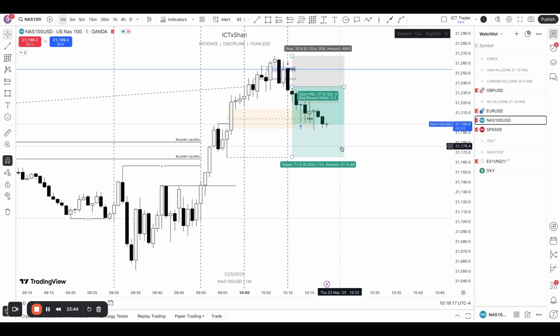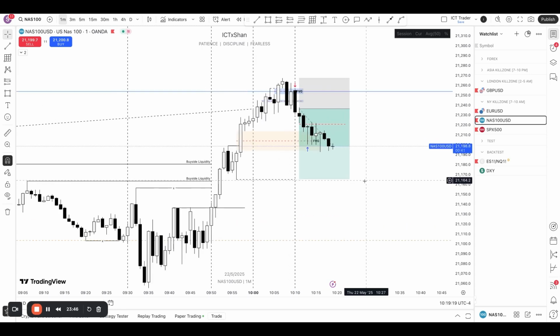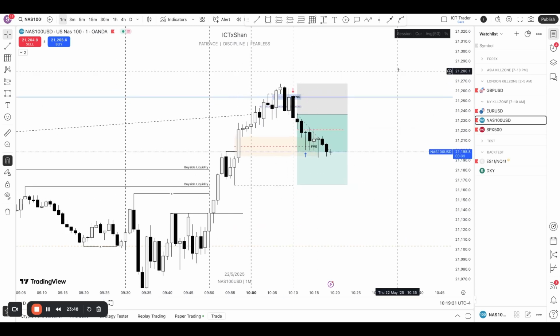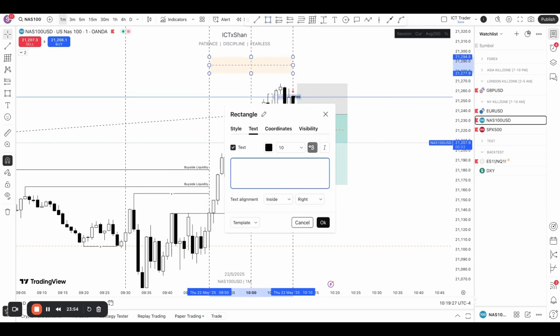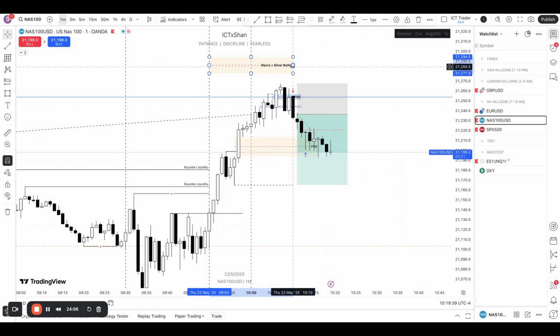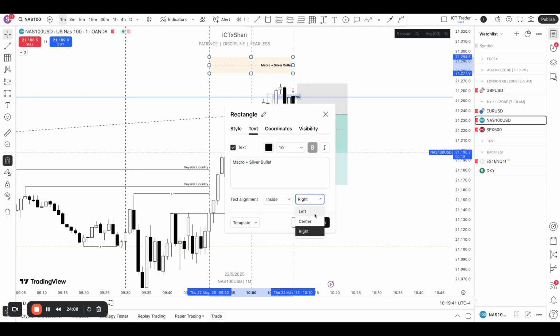This is why it's very important to enter inside any of these macros. This is a very precious entry when it comes to me.